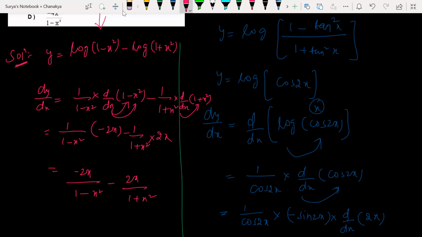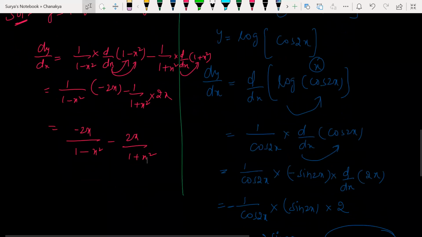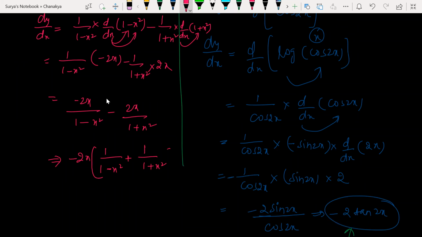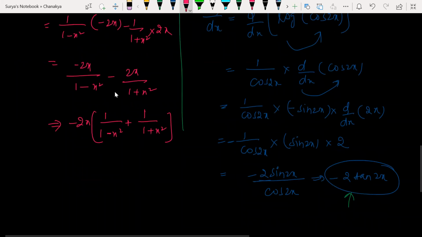Okay. So what is the LCM? Let me take minus 2x common. If I take minus 2x, I remain with 1 by 1 minus x square plus 1 by 1 plus x square, yes or no?